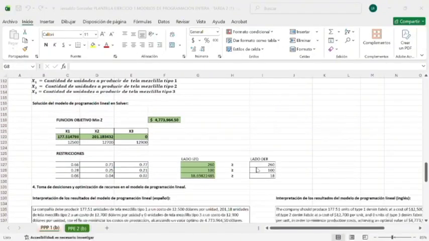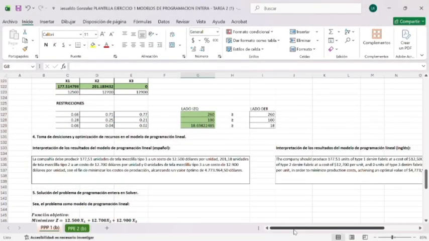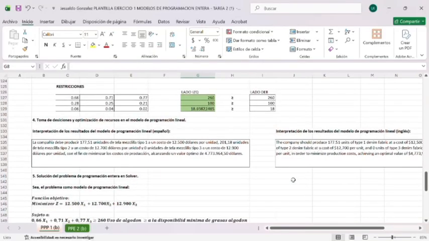Then we get that the company should produce 177.51 units of type 1 denim fabric at a cost of 12,500 per unit, 201.18 units of type 2 denim fabric at a cost of 12,700 per unit, and 0 units of type 3 denim fabric at a cost of 12,900 per unit.